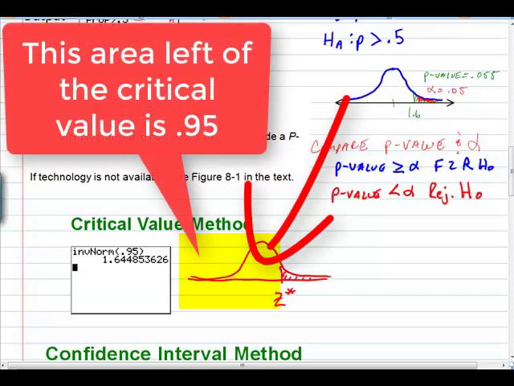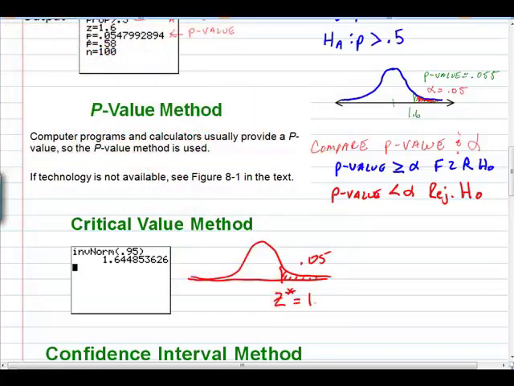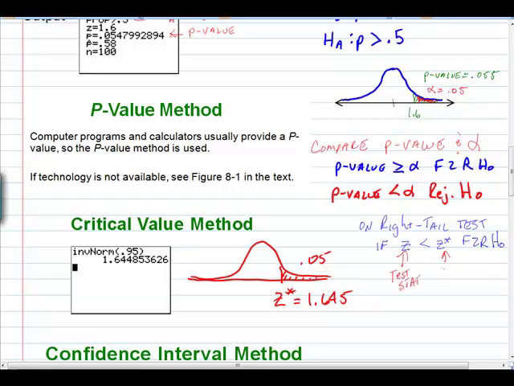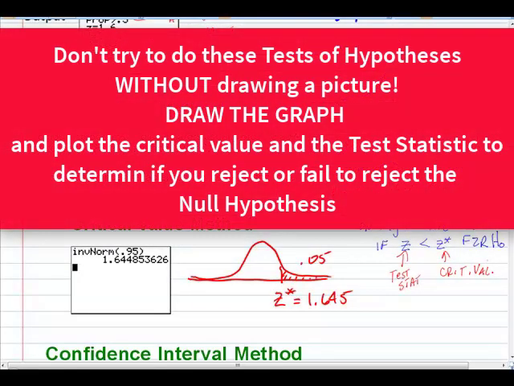So that this area right here is 0.05. And that ends up being 1.645. On a right-tailed test, meaning your rejection region is here to the right, we would fail to reject the null hypothesis if the test statistic, this is the test statistic, is less than the critical value. And this is easier to see if you draw a picture.